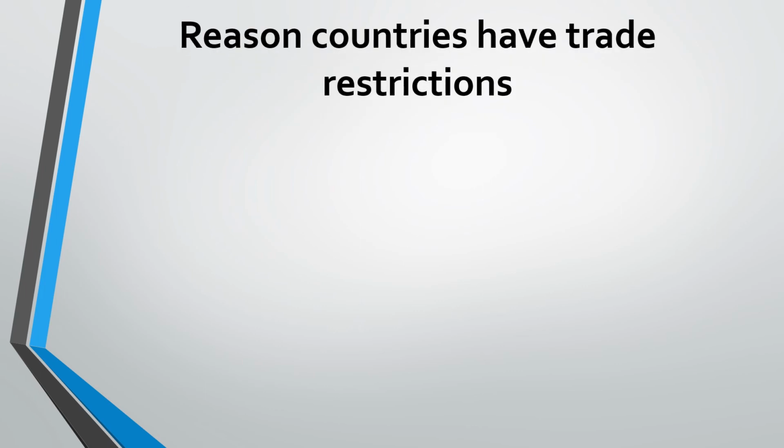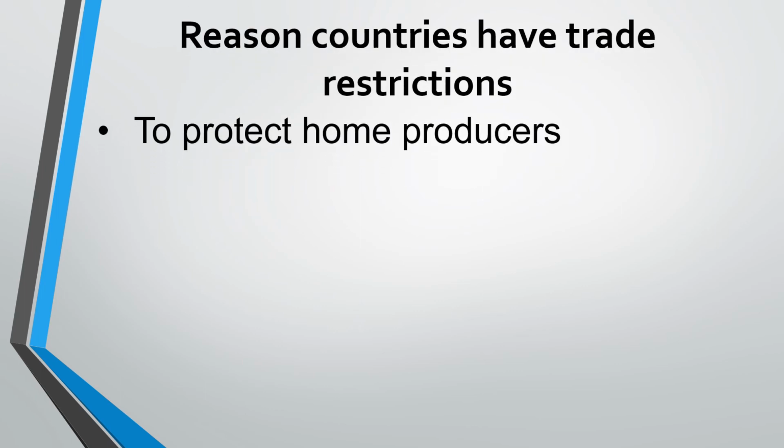Now that we've already discussed the problems associated with international trade, and we've looked at some of the trade restrictions put in place to protect our country, we're going to talk about the reasons why these trade restrictions must be put in place. The first one is to protect home producers.